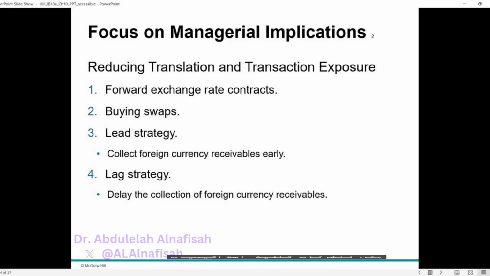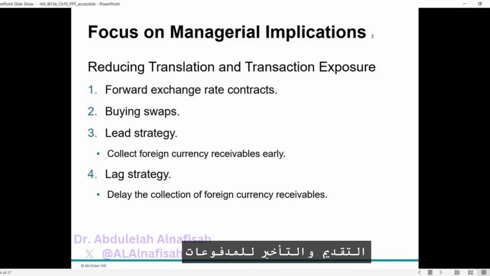Additionally, firms can implement leading and lagging strategies for payables and receivables. A lead strategy involves collecting receivables early or paying payables before they are due when expecting unfavorable currency movements, while a lag strategy entails delaying collections or payments when a currency is anticipated to appreciate.